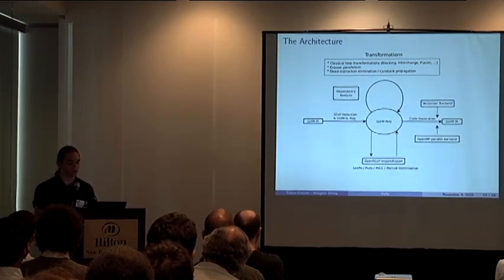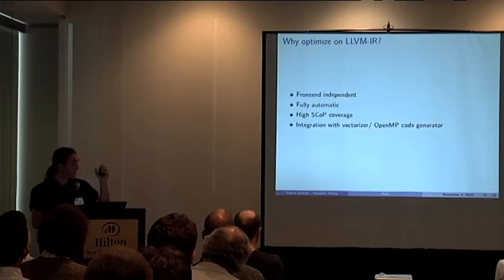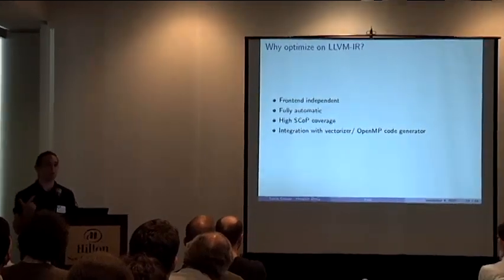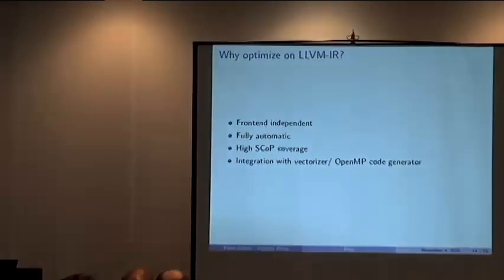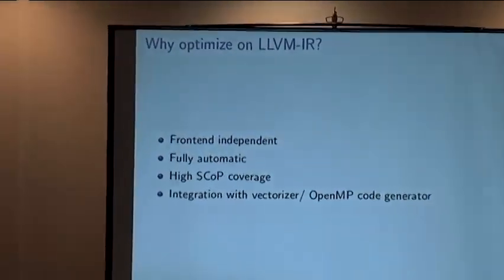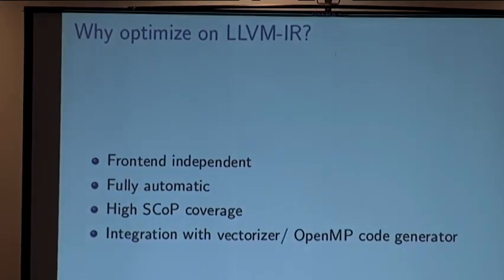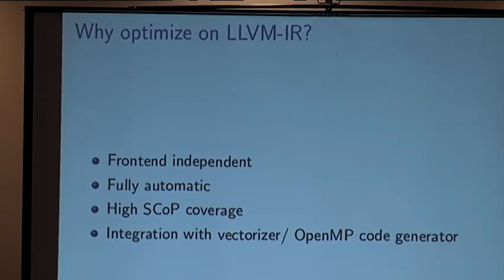So if you have time, you should have a look at this one. Following this, what we get is a front-end independent, fully automatic way to do polyhedral optimizations, combining Polly and those tools. And as we are in Polly itself, we can actually issue vector instructions, issue OpenMP function calls, and take advantage of all those transformations.